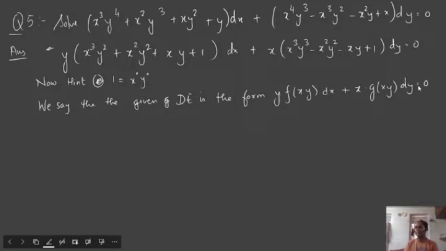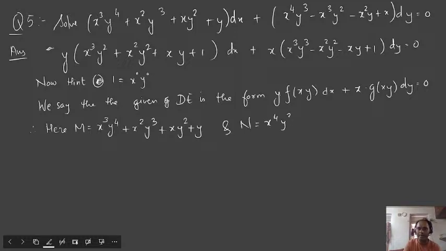This is how it is. So now the M here, which is the entire function first, is going to be the original thing, x cube y raised to 4 plus x square y cube plus xy square plus y, and N is going to be x raised to 4 y cube minus x cube y square minus x square y plus x.